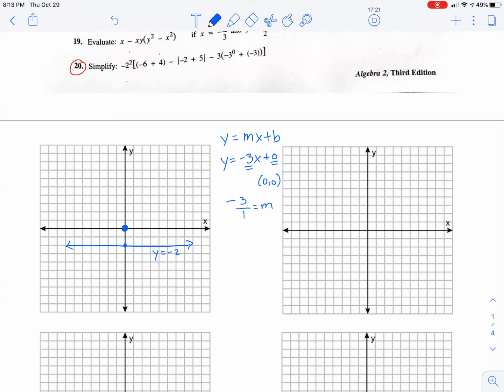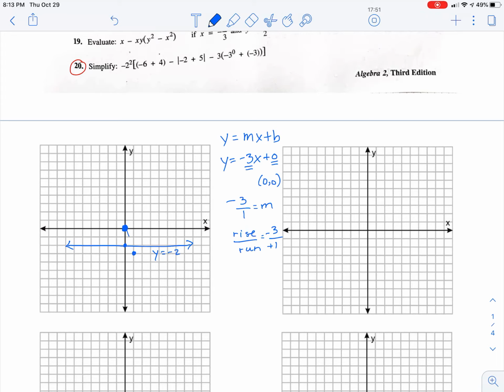Now, we know we have a point for that line, and we know the slope is -3 over 1. And remember, that's rise over run. -3 over +1. So from my point on the y-axis, my y-intercept, I'm going to rise -3, which means I'm going to go down 3, 1, 2, 3, and over 1.